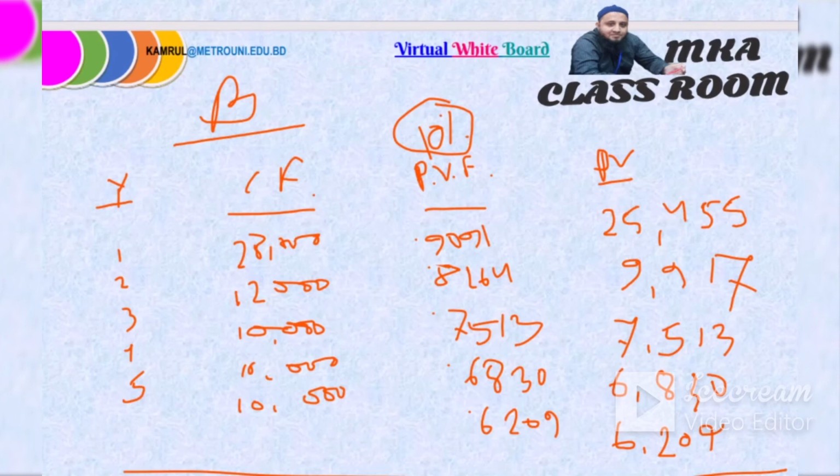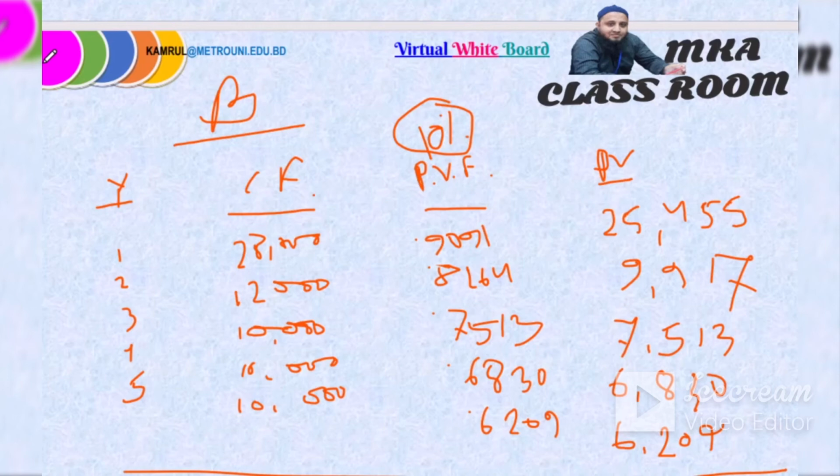Now we will calculate project B's NPV at a cost of capital of 10%. By calculating, we will see the cash flows, present value interest factor at 10%, and present value.